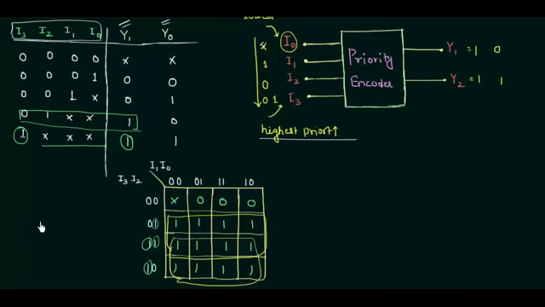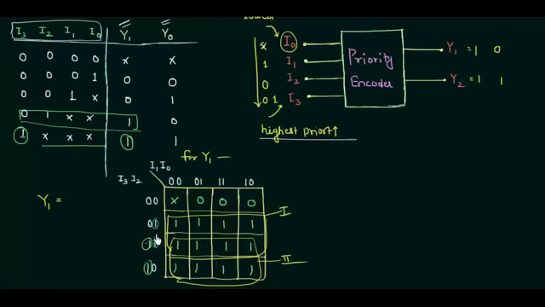Fine, let's write the minimized function. This is for Y1. So Y1 is equal to what? Let's see for this first group of ones, and let's say this is our second group of 1. For the first group we are having simply I2, because I1, I0 are changing from 0 to 1 and I3 is also changing from 0 to 1.